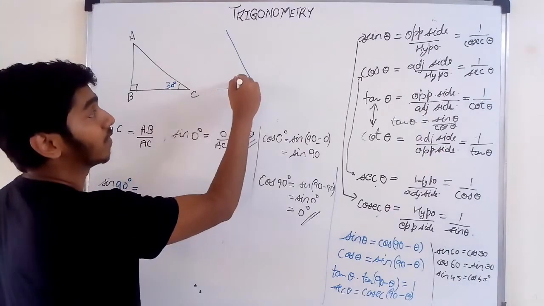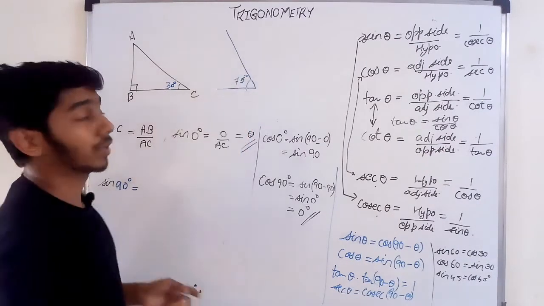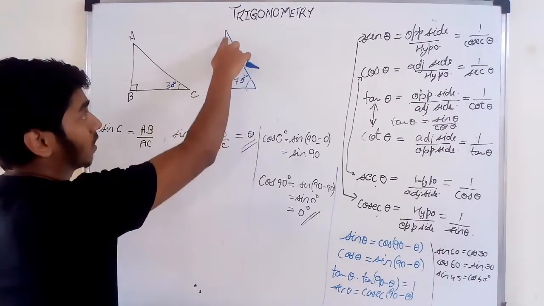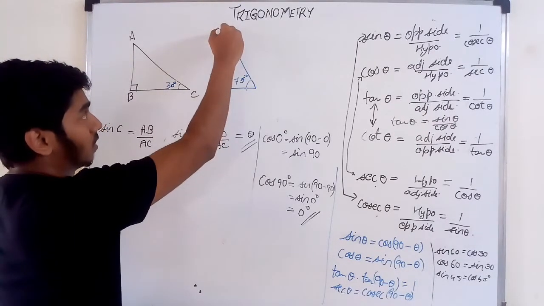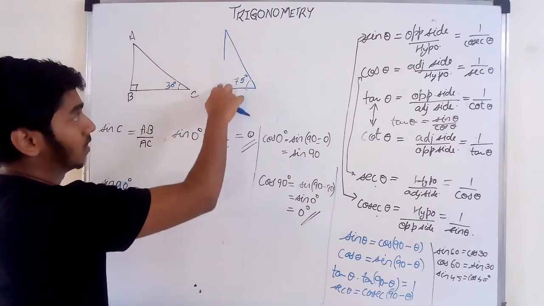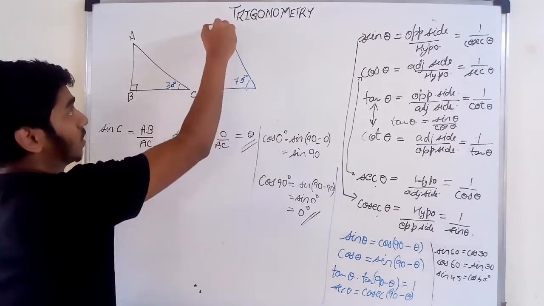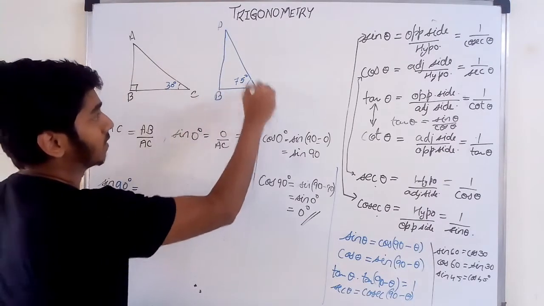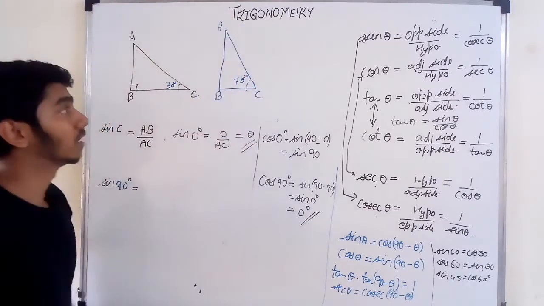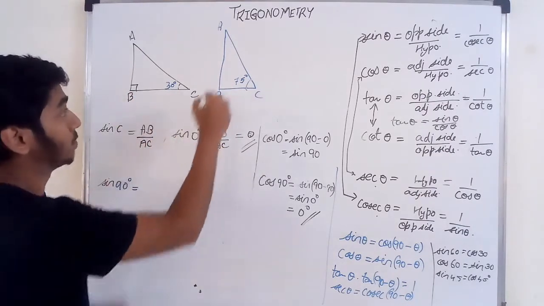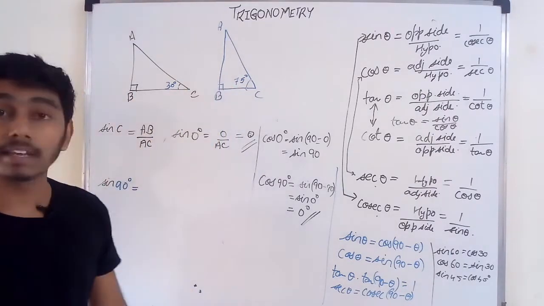Let's say this has become 75 degree, for example, and this will look something like this. So this is A, B and C. This is 75 degree, and this B remains 90 degree itself.